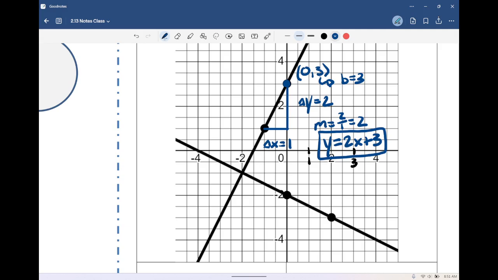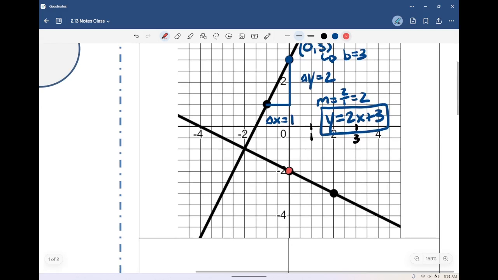Okay, same setup. Now we're just going to do the other line. I'll start with the y-intercept this time. It's right there. Based on the annotation already on the graph, this is 0, -2. We then go down, and then to the right. When I go down, that change in y has to be what type of number?